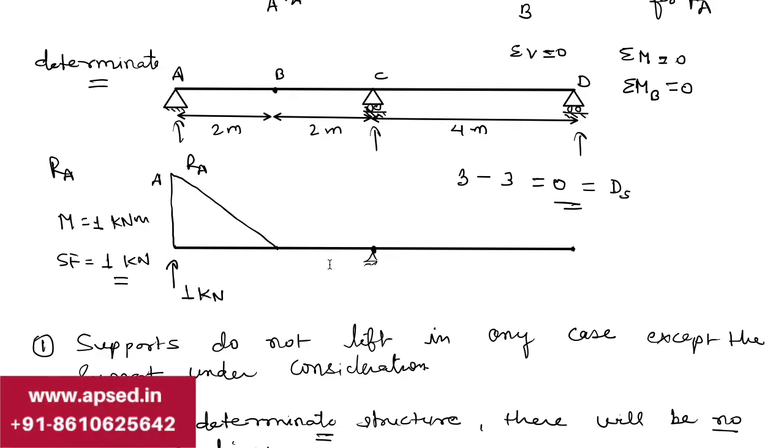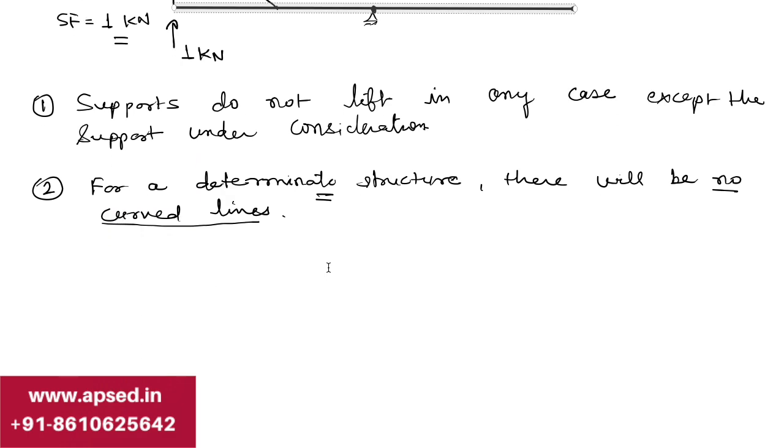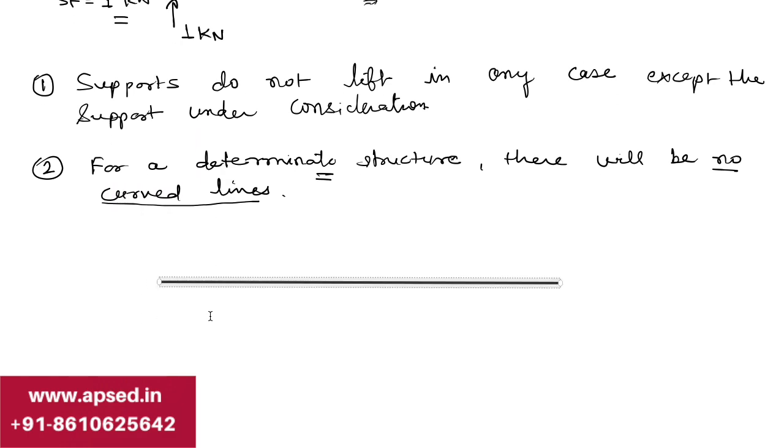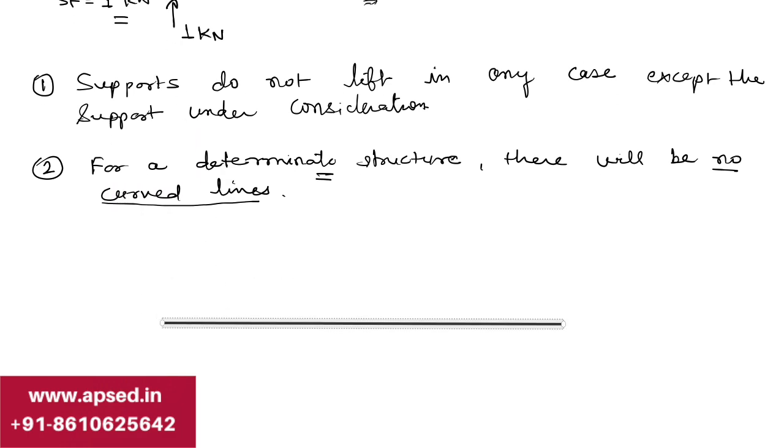Similarly, we can draw for reaction at C and D also to give you a better understanding. So we have A, here we have a hinge, B and C and D. Now for reaction at C, if we want to draw, this support C we will remove, and here this will lift.